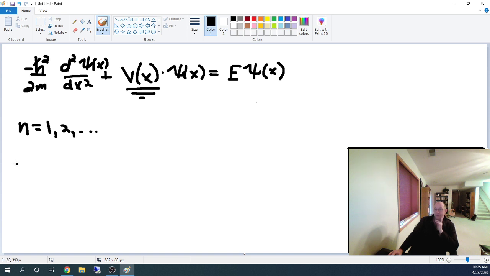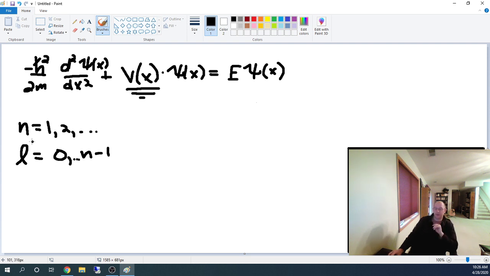Then the conditions on angular momentum say that the angular momentum quantum number can go from 0 up to n minus 1. So it's all the integers from 0 up to n minus 1.